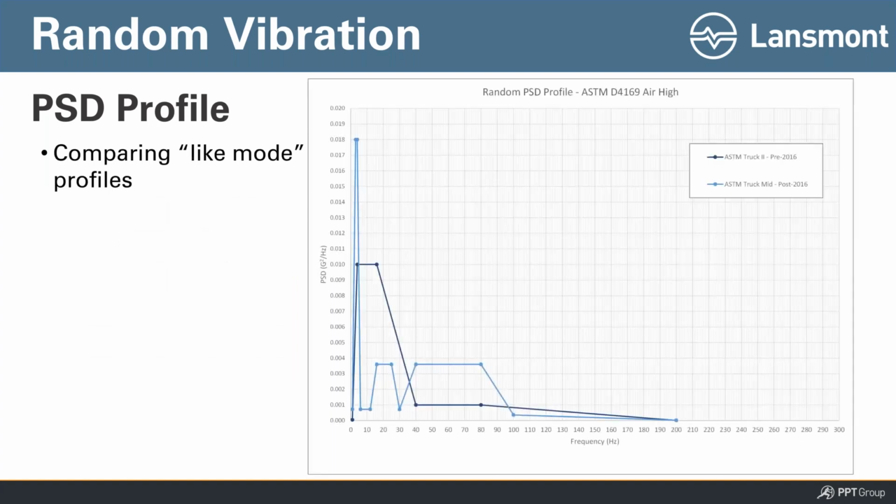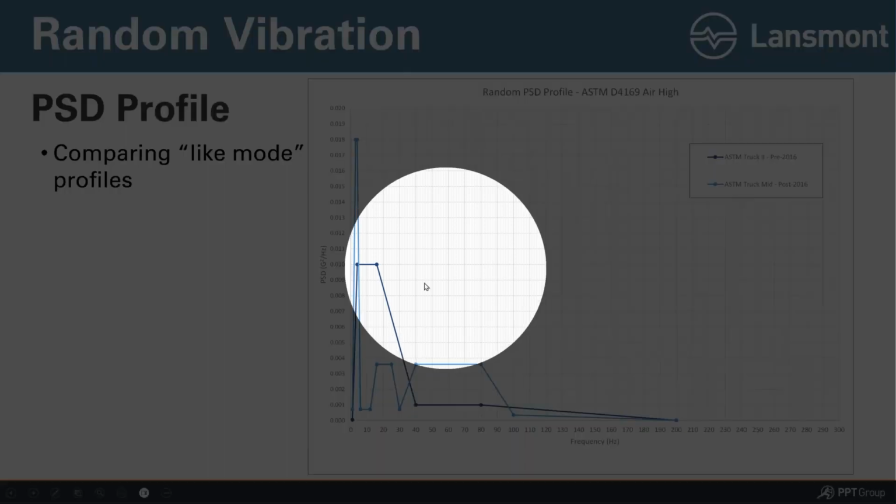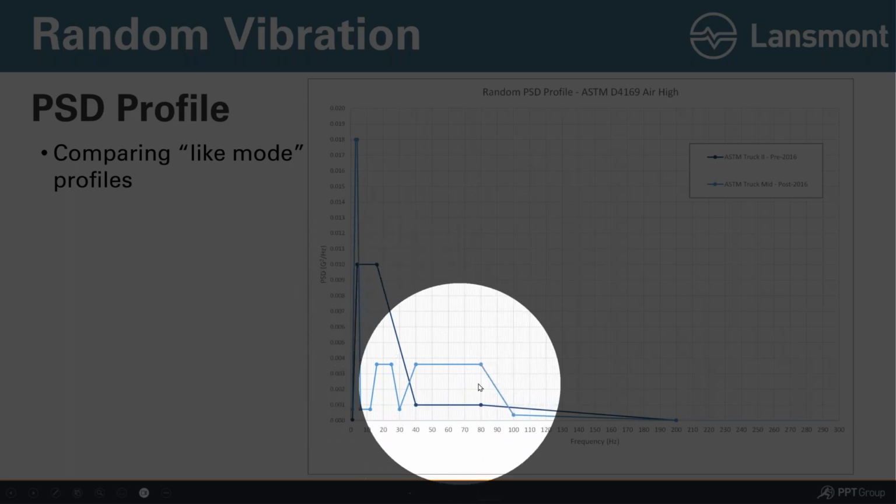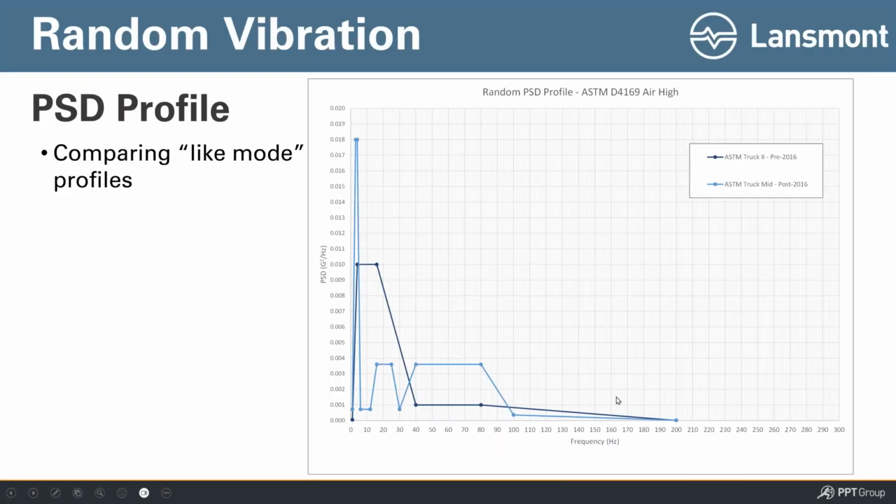In this example, okay, a little bit harder to see, right? Because now these are linear on the Y and linear on the X, but these are comparing two different truck profiles. The dark blue one here, that's the old ASTM 4169 truck profile that was updated back in 2016. So think of it as pre-2016.